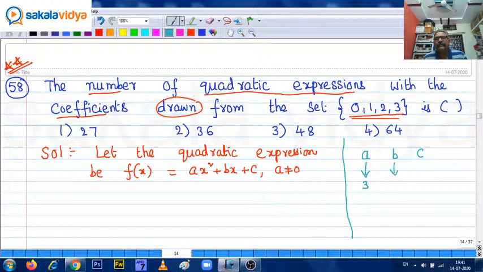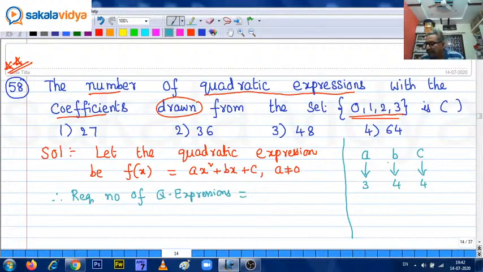Whereas b can be selected as 0, 1, 2, 3, so 4 ways. C can also be selected 4 ways. Therefore, the required number of quadratic expressions equals the number of ways of filling three places from four elements with repetition.